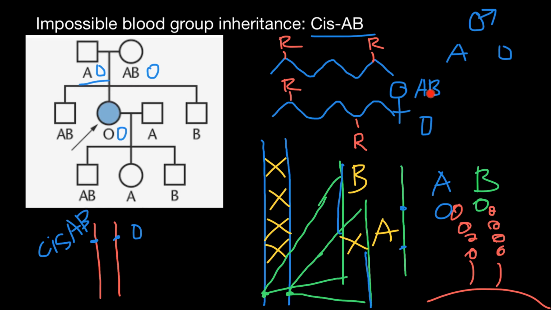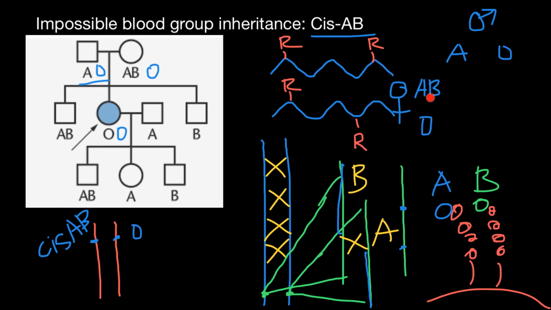Again, it doesn't mean that this female parent has 3 alleles. This allele, which is Cis AB, can produce an enzyme that sometimes would add one type of sugar, sometimes add another type of sugar to this polysaccharide.